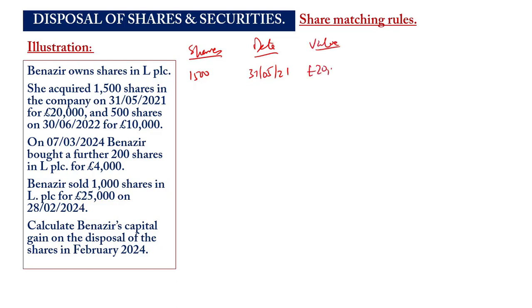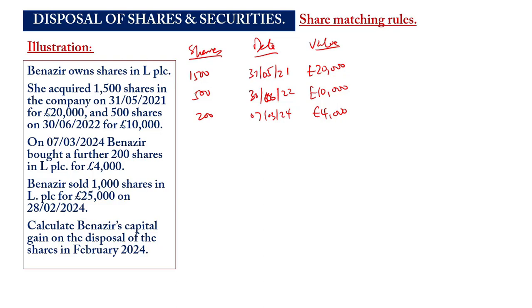Then she bought another 500 on 30th June 2020 for £10,000. Then on 7th March 2024, she bought another 200 shares. She paid 4,000 for it.